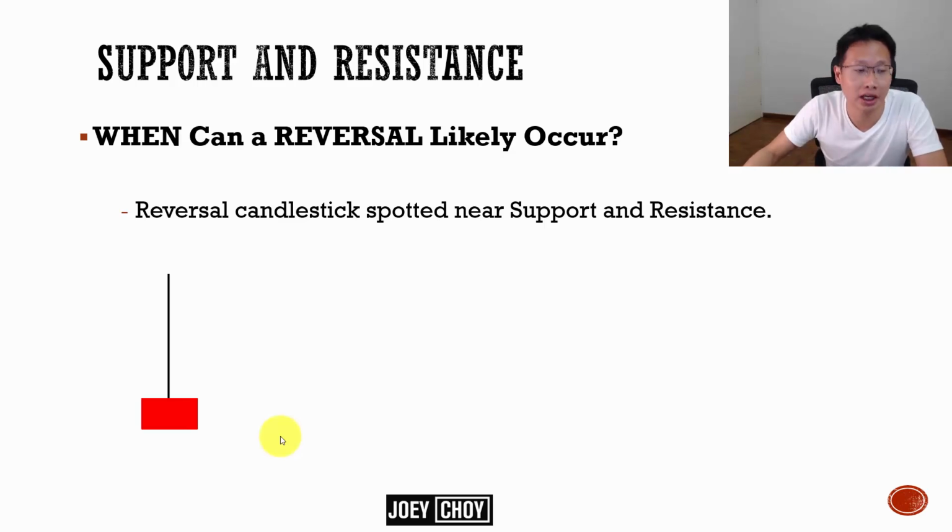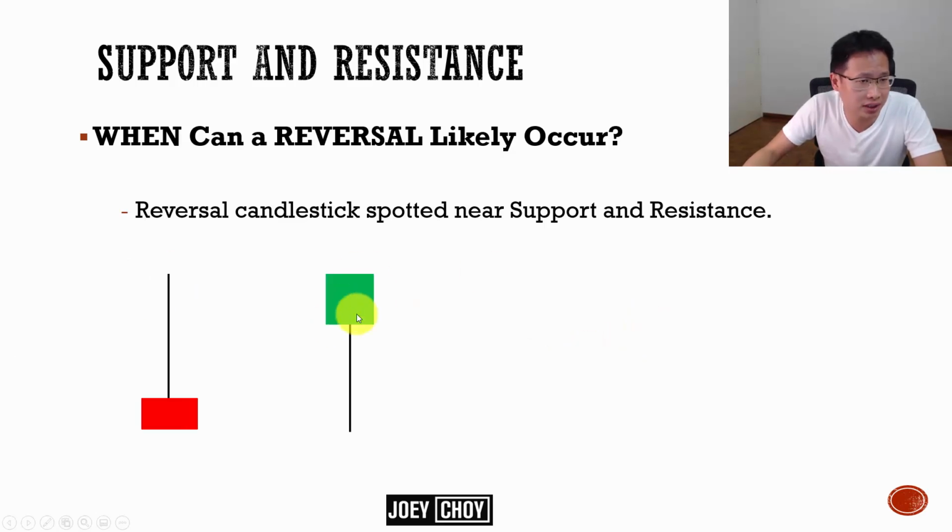You don't have to bother about the names. More importantly, you want to focus on the meaning behind the candlestick. Prices pushed up, and at the day end or in the afternoon, sellers came back and pushed prices down. It shows that sellers are here to defend that specific resistance level, and that's where we can potentially see a reversal.